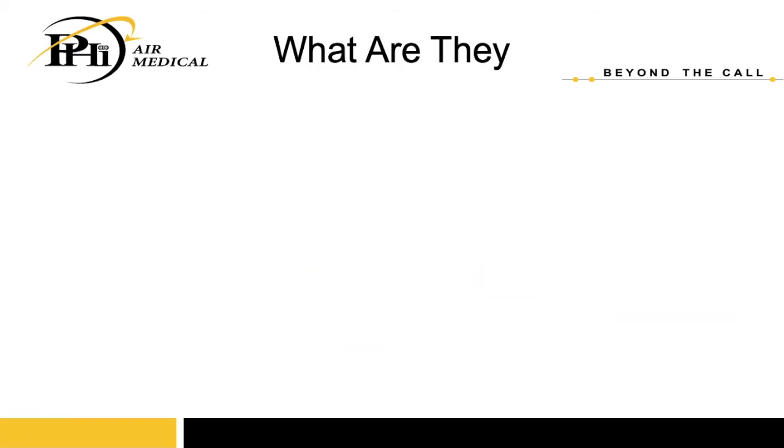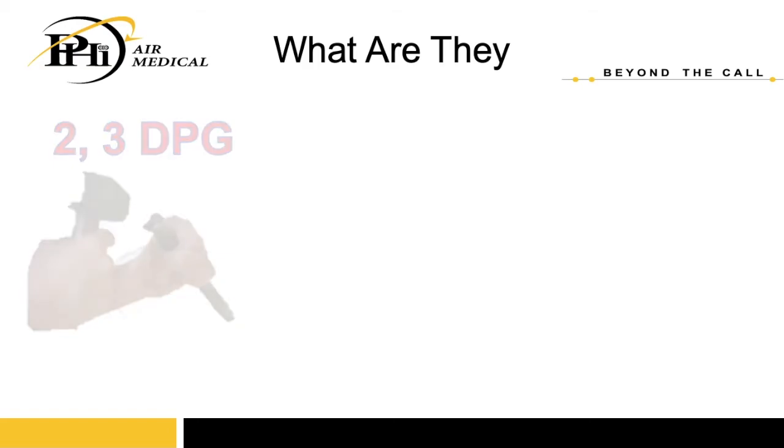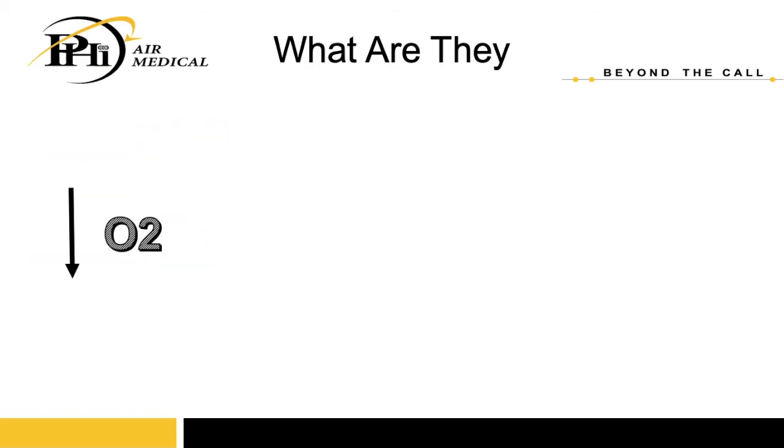The last thing we're going to talk about is that 2,3-DPG, and it's actually pretty simple. You can think of 2,3-DPG as essentially a hammer and chisel, and so if we have a low oxygen state in the body, our red blood cells are going to produce more 2,3-DPG. So low oxygen state, we're going to have an increased production of 2,3-DPG, and all they are is the crowbars for our oxygen.